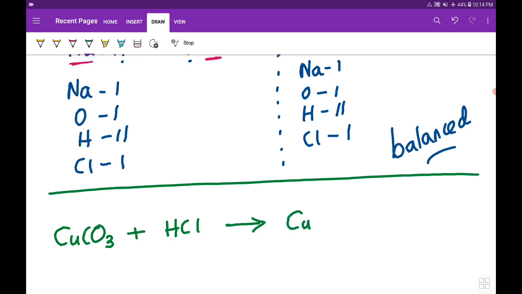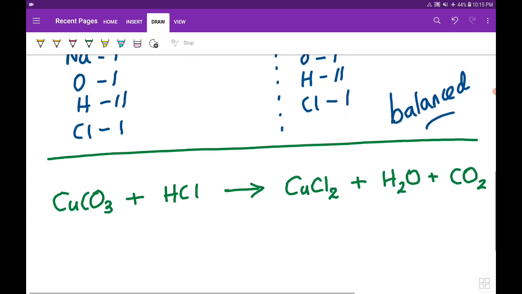So I am writing CuCl2 plus water, H2O, plus carbon dioxide. These are the products.